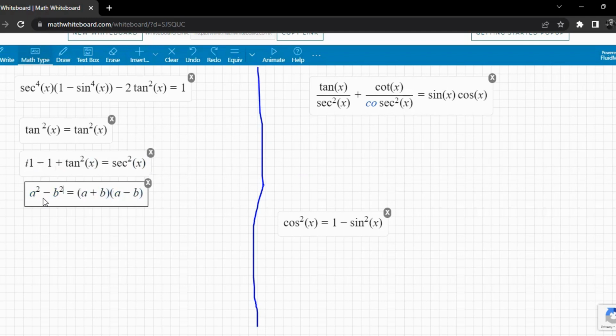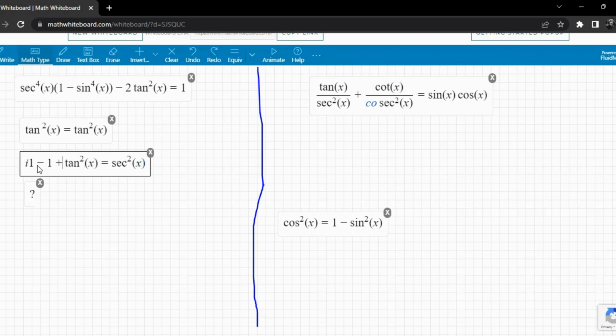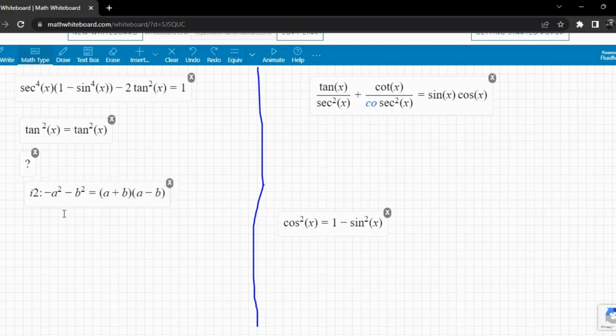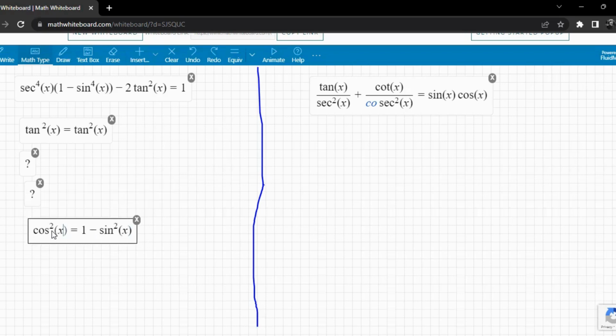We can mark this as I2 for identity 2. Let's put this one over here to avoid confusion. Okay, so we have our identities over here, and then we can have I3 over here as this identity. Now let's head on to the other problem.